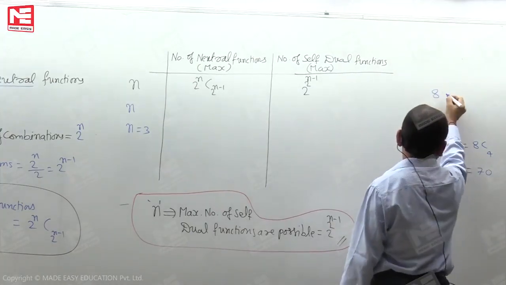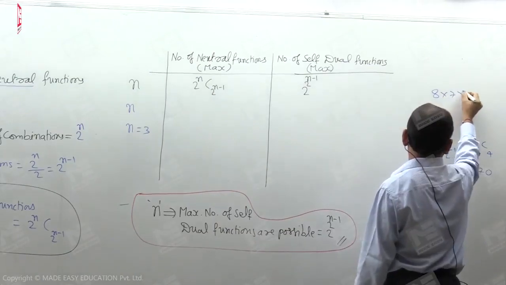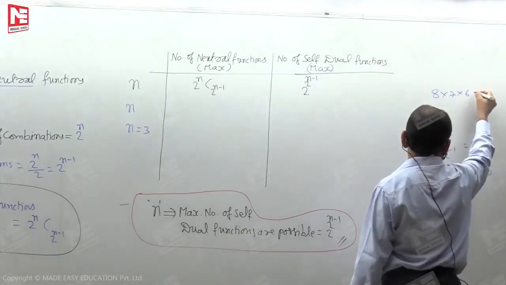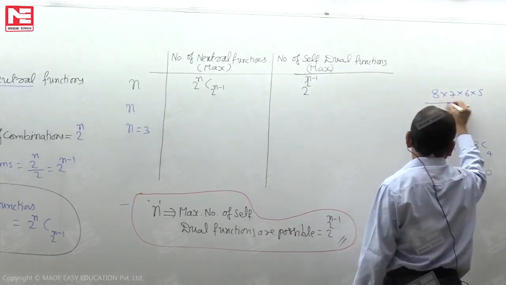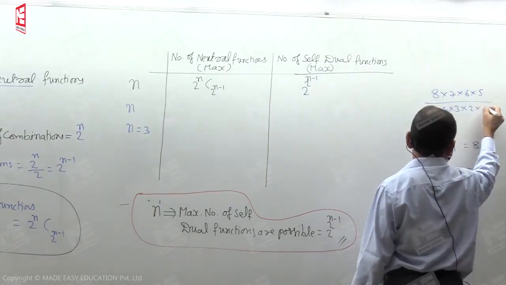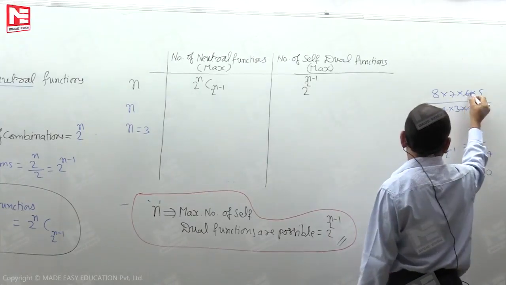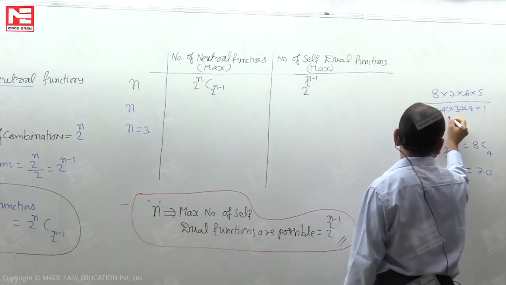Let me check. So 8C4 means 8 into 7 into 6 into 5 divided by 4 into 3 into 2 into 1. Of course, let me cut this.